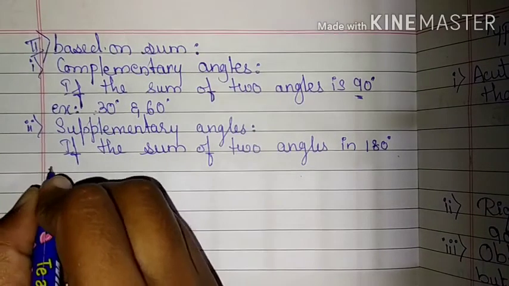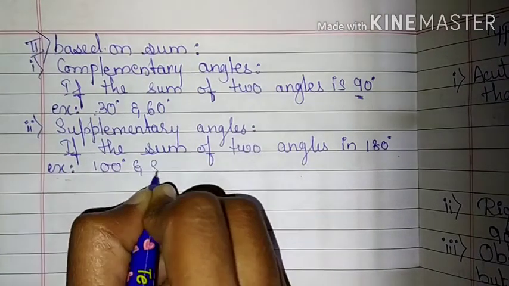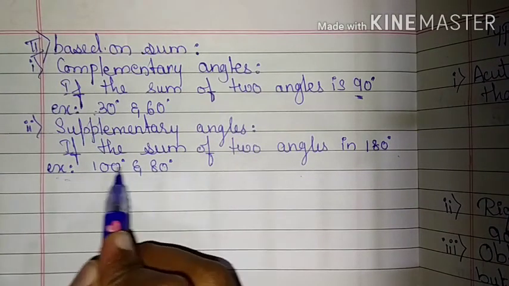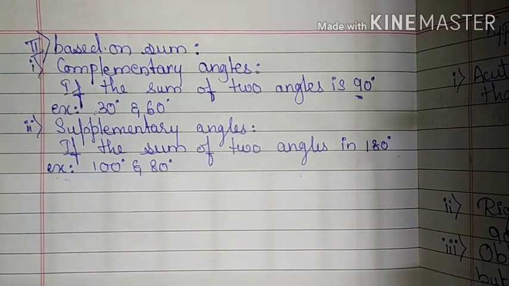Say for example 100 degrees and 80 degrees. The sum of these two angles is 180. So this pair of angles is called supplementary angles. In complementary, the sum of two angles should be a right angle, whereas in supplementary, the sum of two angles should be a straight angle, that is equal to 180 degrees.